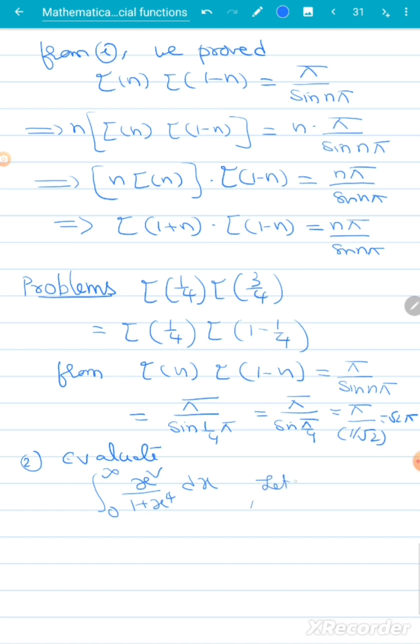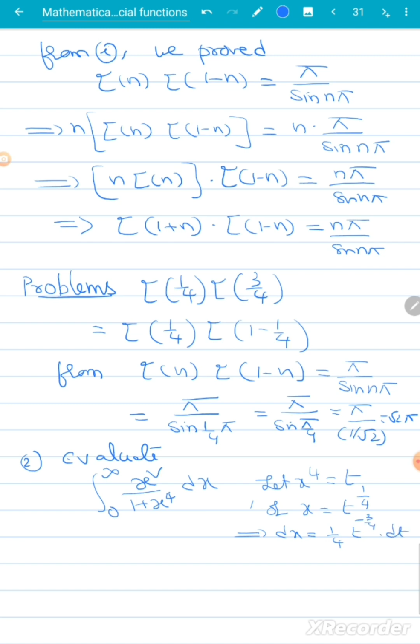Let x to the power of 4 be equal to t, or x is equal to t to the power of 1/4. Then dx is equal to 1/4 into t to the power of 1/4 minus 1, that is minus 3/4, into dt.